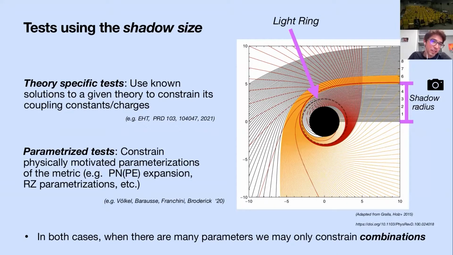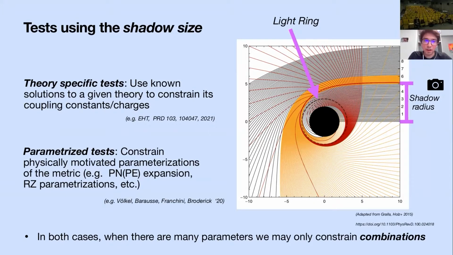In this section, let me call it tests using the shadow size. Essentially, the black hole shadow, in a few words, is the collection of the captured photon trajectories by the black hole. The shadow radius is related to the projection of a location in space-time called the photon ring, at least for a non-spinning black hole.